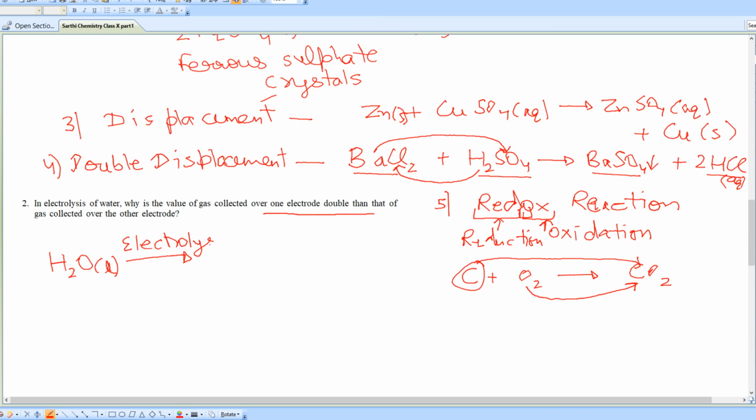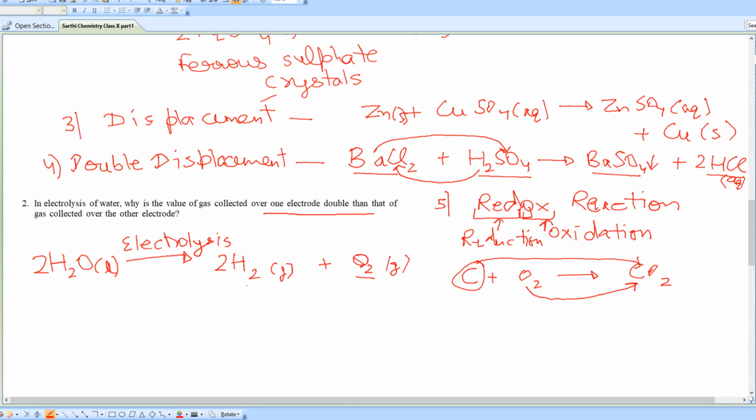We are performing electrolysis over water. We get hydrogen gas plus oxygen gas. So let's balance this equation. We get 2H2O giving 2H2 plus O2 gas. So we can clearly see that the hydrogen gas which has been collected is double that of the oxygen gas which has been collected on the other electrode.